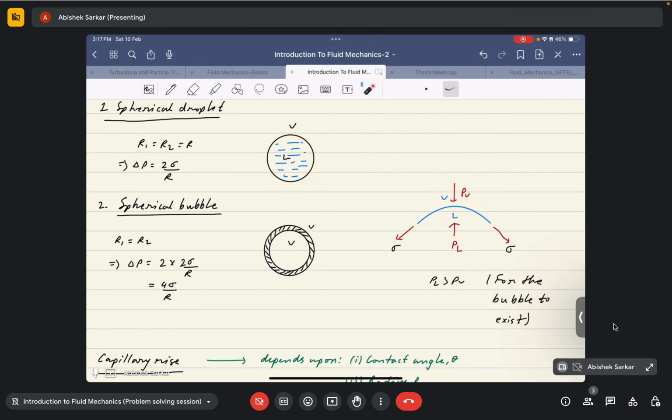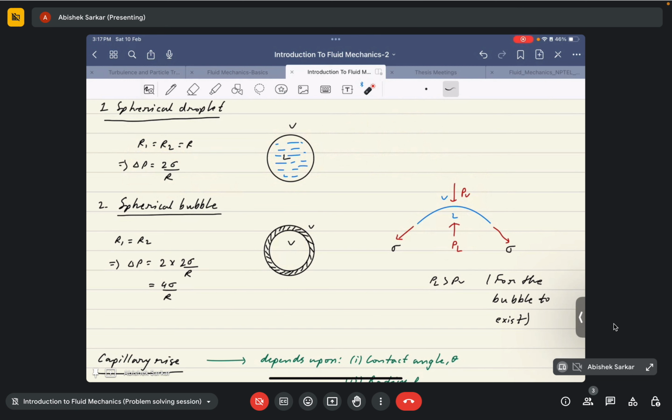Okay, and this expression that was derived is for this excess pressure. This delta P plus the P atmosphere would give you the absolute pressure within the liquid droplet or the spherical bubble. So that is the concept of excess pressure. Why is there an excess pressure within these bubbles?